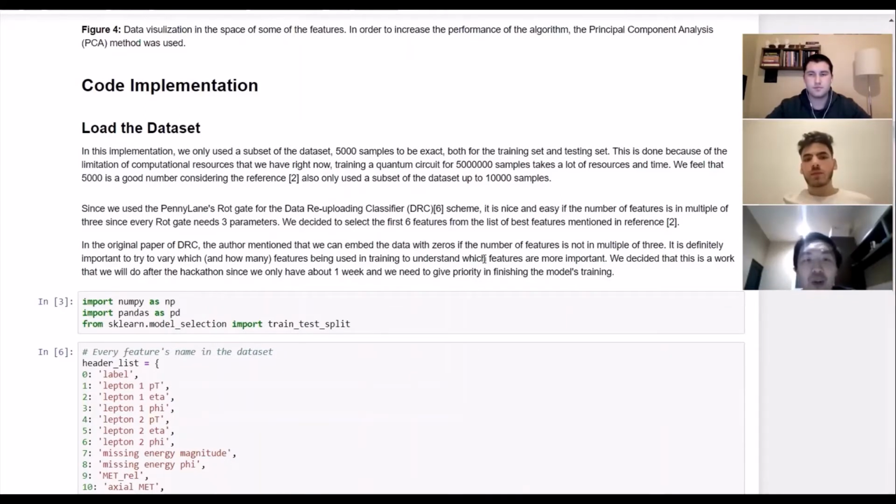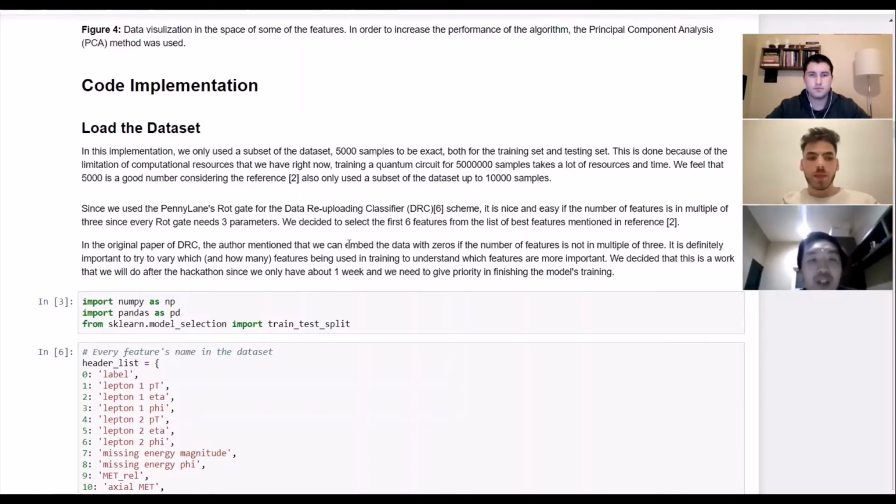We don't use the whole 5 million samples because it would take a lot of resources and time. And we feel that 5,000 is quite a good number, considering the reference paper number 2 also only used a subset of the dataset, up to 10,000 samples.